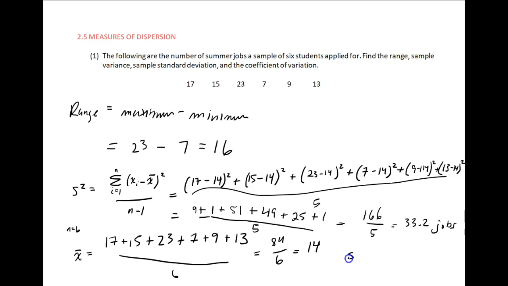So we'll say the square root of S squared is just going to be S, okay? So it's going to be the square root of 33.2, and that equals roughly 5.76 jobs. So this was jobs squared, I should say. So we don't really need to worry about the units. Generally, we're just going to refer to those as numbers.